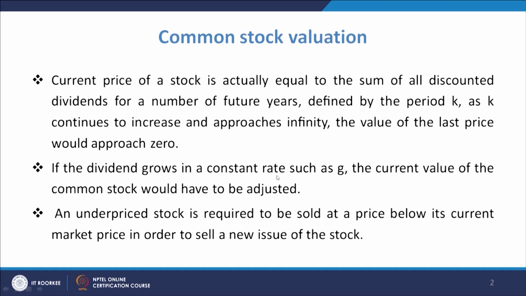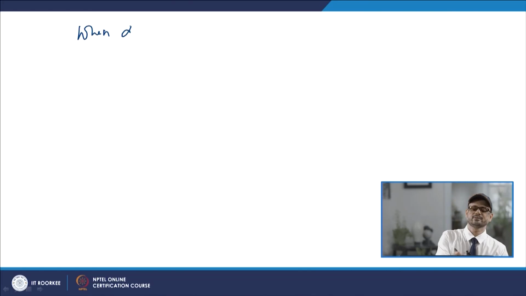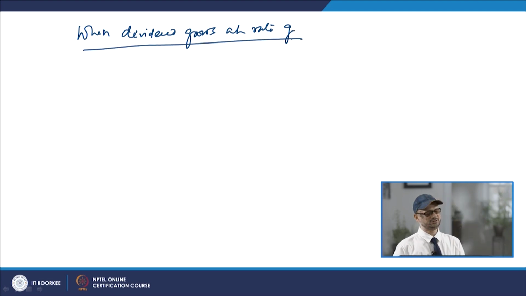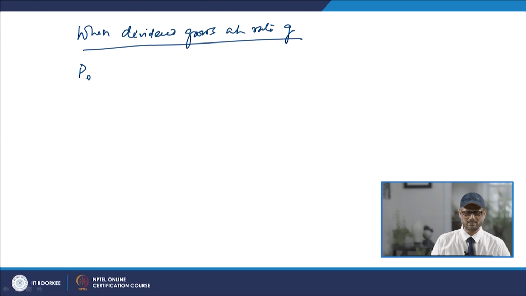So, when the dividend grows at a rate g, every year it is growing at the rate of g. You will write P naught, and that will be adjusted by D plus Dg.